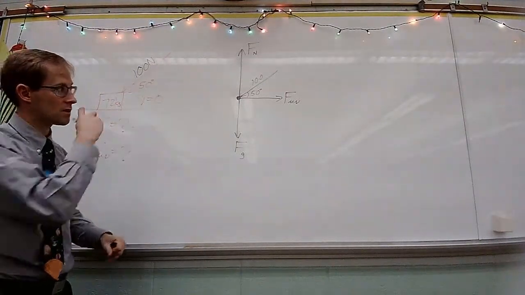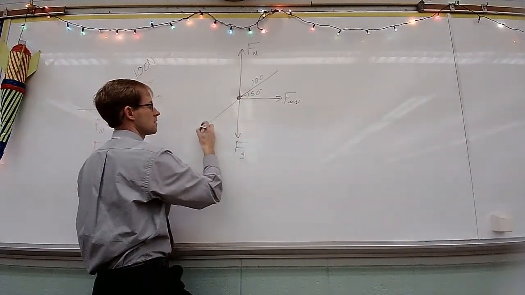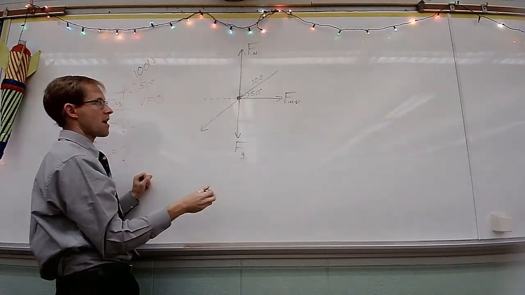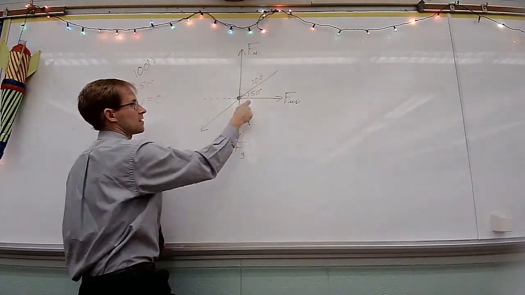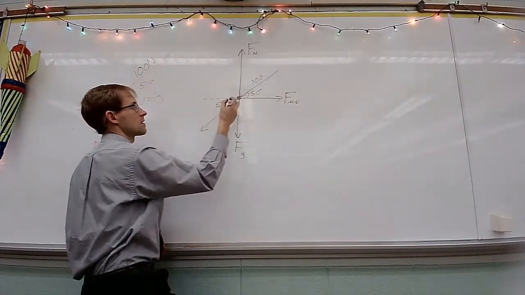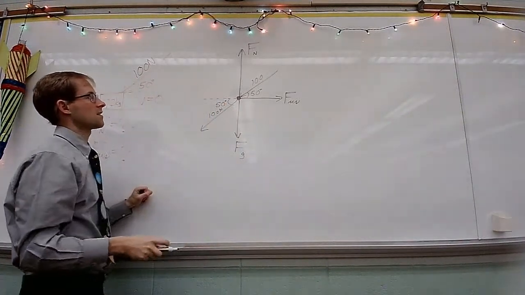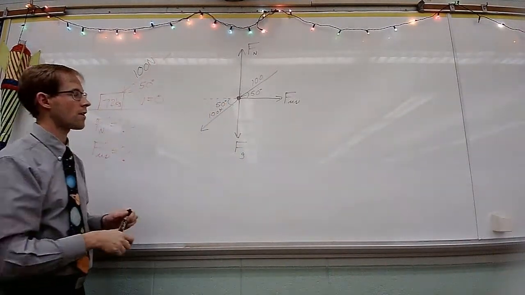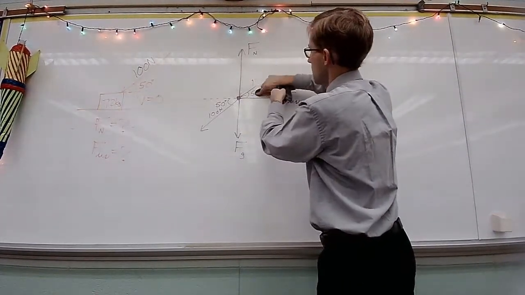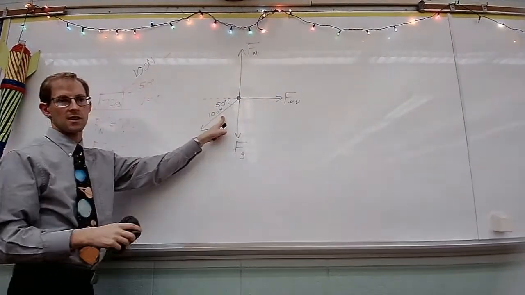So the way that you do this then is you would just follow that arrow all the way through. And by math, you would know that this angle is going to be the same as this angle. So here's 50 degrees, and here's your 100 newtons right there. And that's how you would properly draw that force diagram. I would then erase this. If you can just draw it like this from the beginning, that's totally fine.